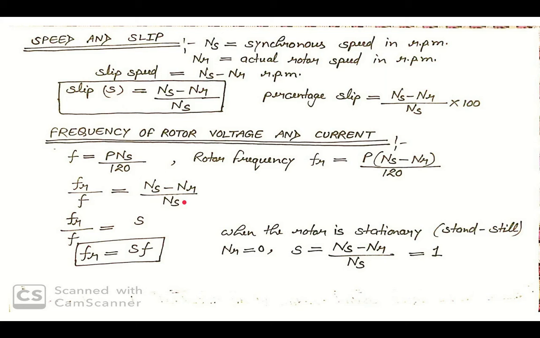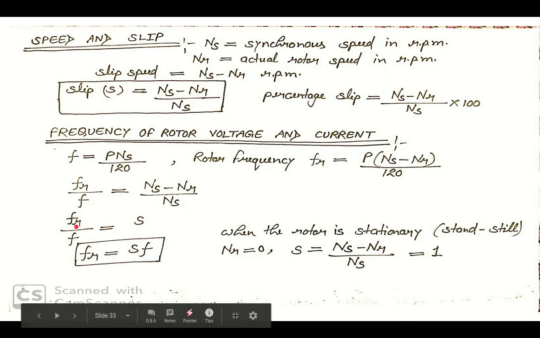So we can put the slip here. We get fr upon f is equal to s. So we can say that fr is equal to s into f. So fr is equal to sf means rotor frequency is equal to the product of slip and frequency.